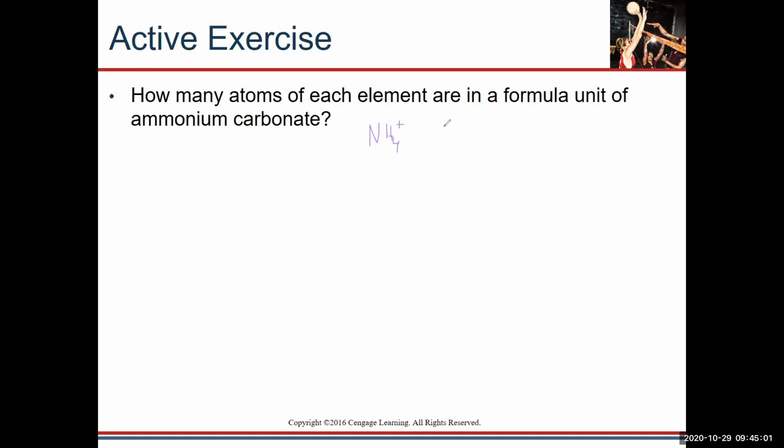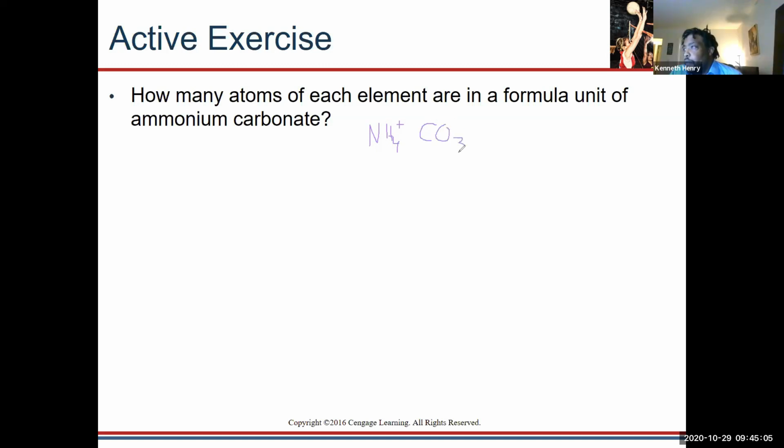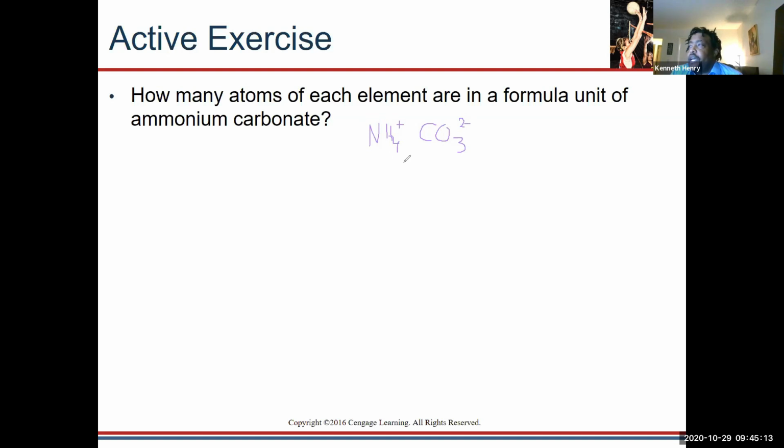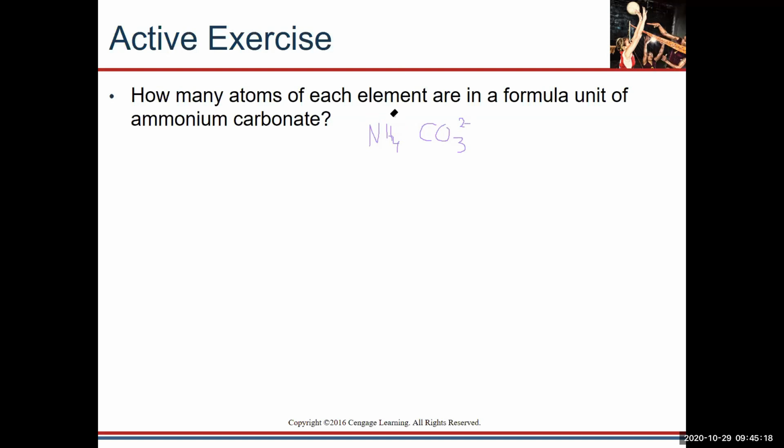Carbonate is CO3. And what would be the charge associated with that? 2 minus. So then how many ammoniums will I need to balance it out? 2. Okay.